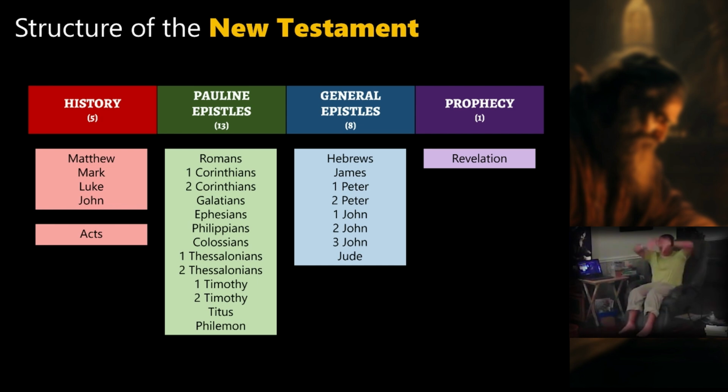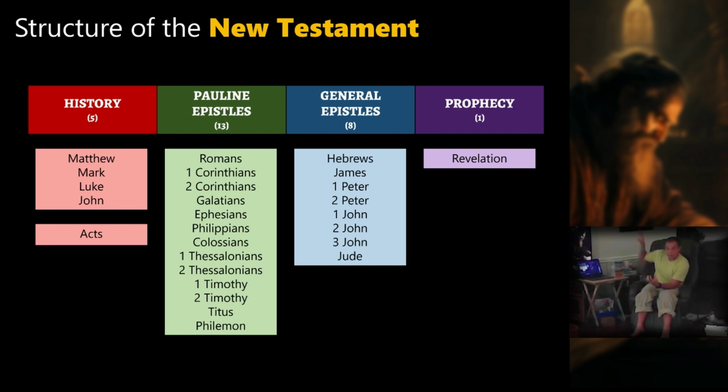So those are the broad scoping, big picture stuff when it comes to the structure of the books. Now what I want to do is help you out when it comes to understanding how the books themselves fit together. Specifically because you remember how I mentioned the Old Testament has those 17 historical books, right?